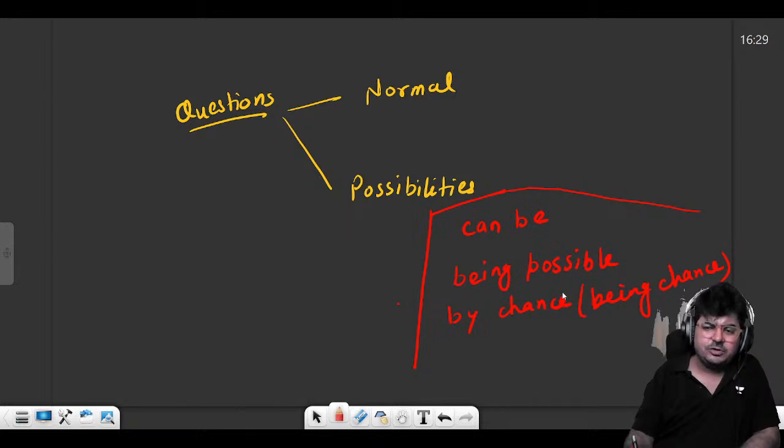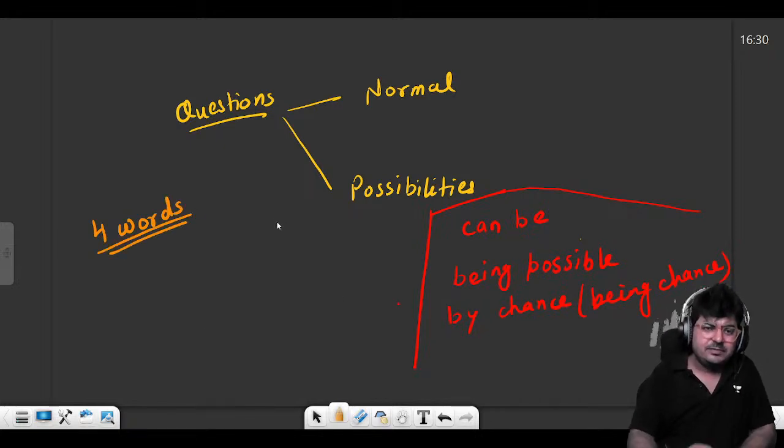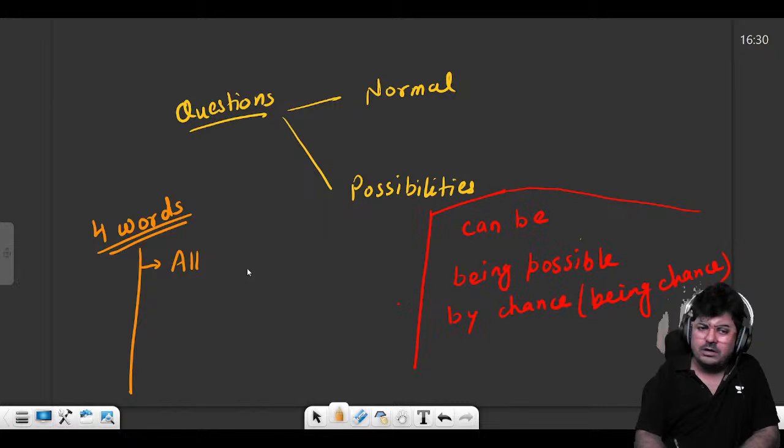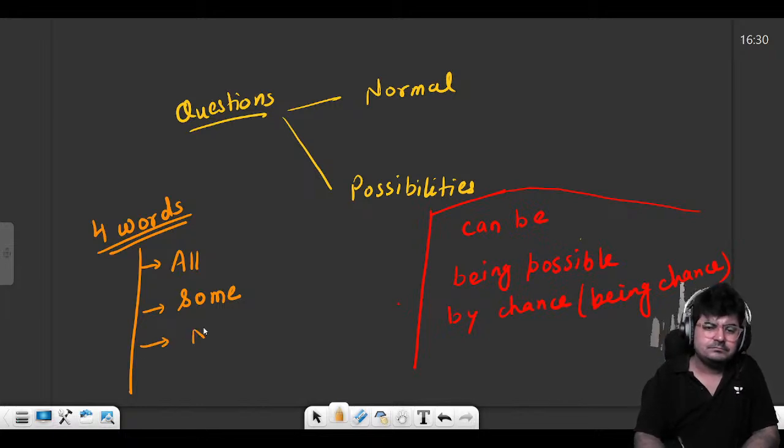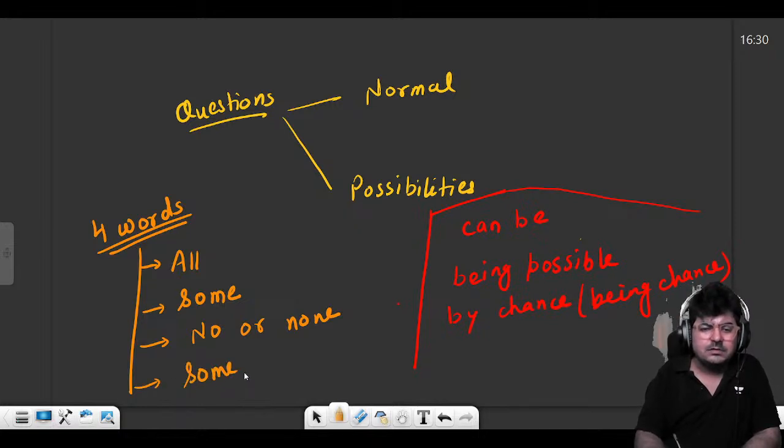Okay. So here few things should be clear to you. Focus on these four words. This entire syllogism problems are based on these four words, and you should know the meaning clearly. All, some, no or none, and last, some not.